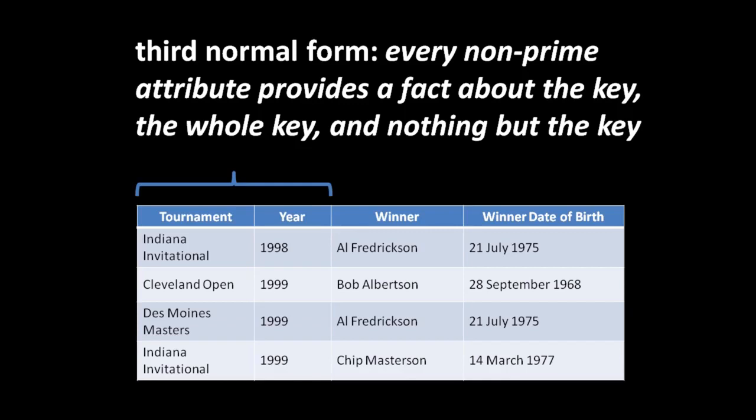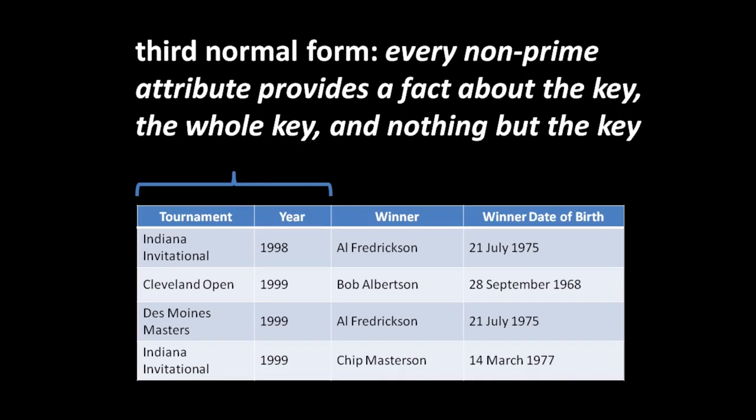But anyway, here the primary key of the table is the combination of tournament and year, assuming of course that one individual tournament is only held once a year. And what we need to ask about the columns winner and winner date of birth here, the non-prime attributes, is are they providing a fact about the key, the whole key, and nothing but the key?